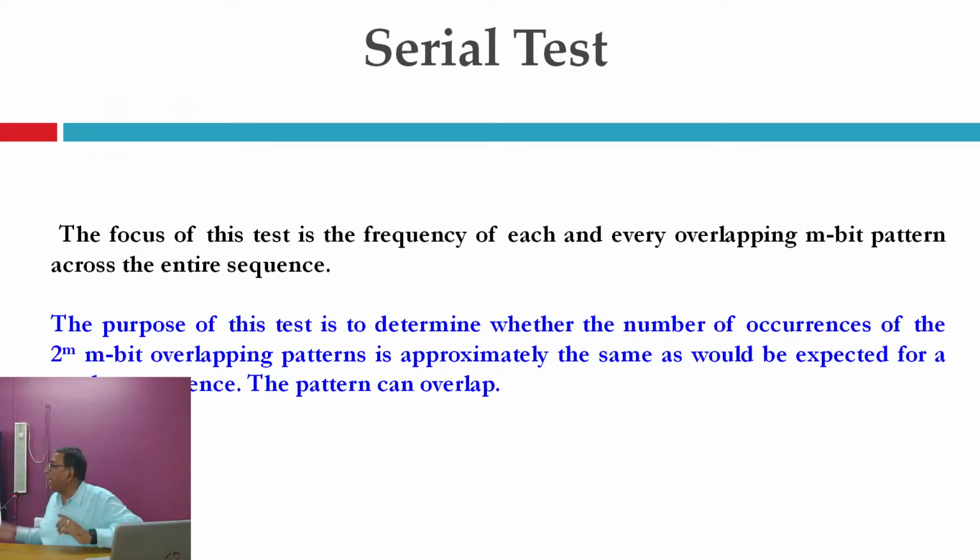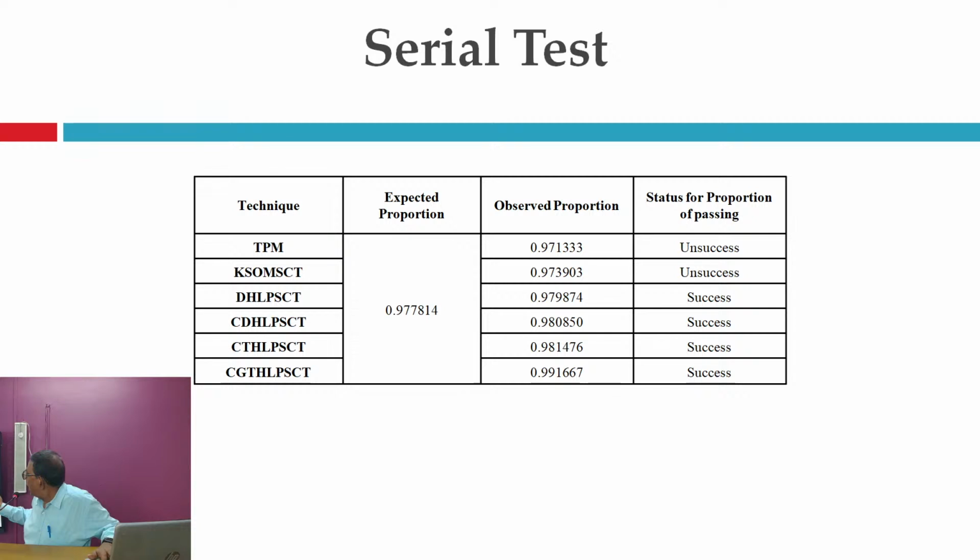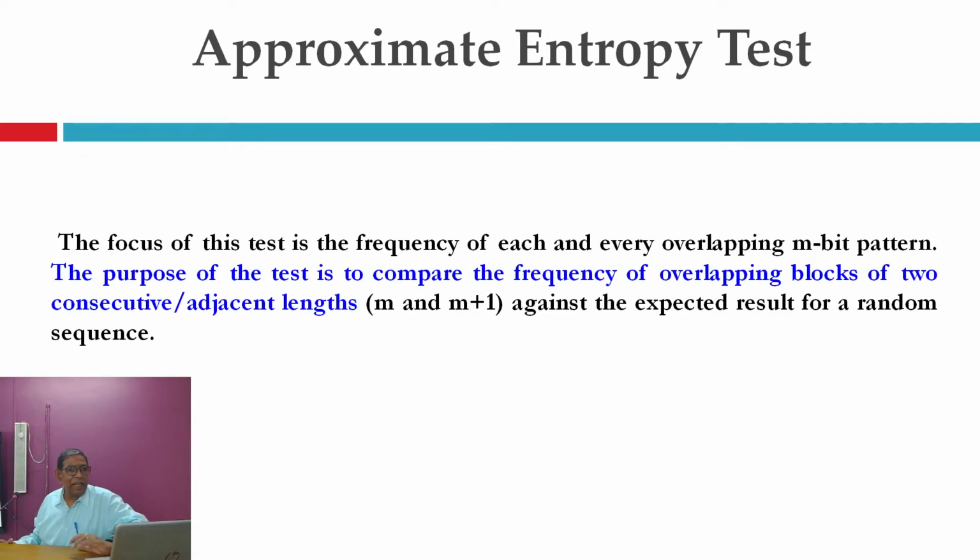Then the serial test. I have already discussed the serial test. It takes 2 bits at a time. Here also your SOM network and tree parity machines are unsuccessful. Then the approximate entropy test. That means you are obtaining the entropy and testing that entropy.